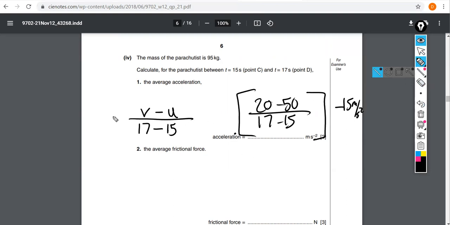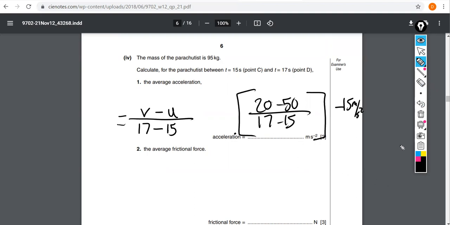Mathematically it works out the same, but you want to focus on which was final and which was initial. Point C is at 15 seconds, that's initially how fast we're going, and 17 seconds is the final. You'll tend to avoid mistakes that way. It may not have hurt you here, but it could in the future.